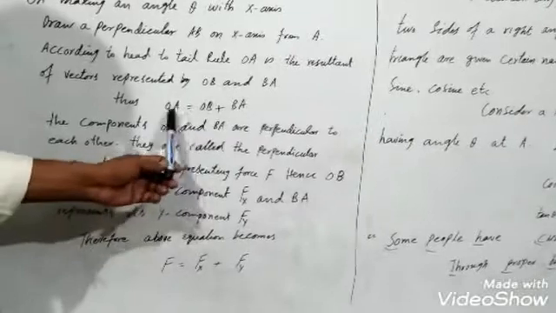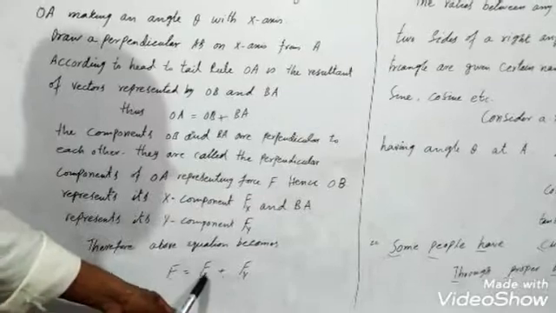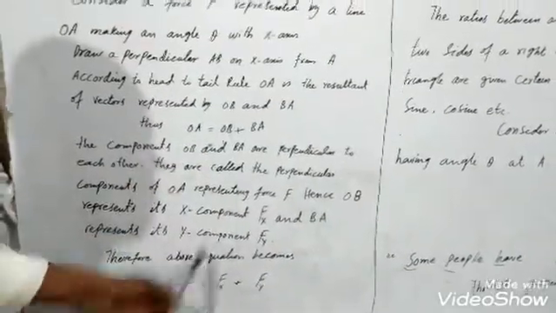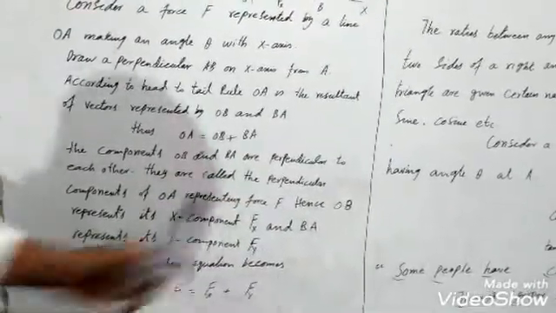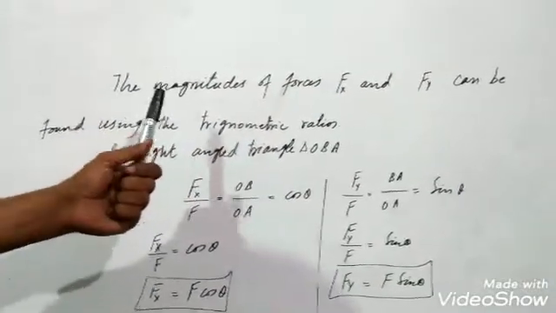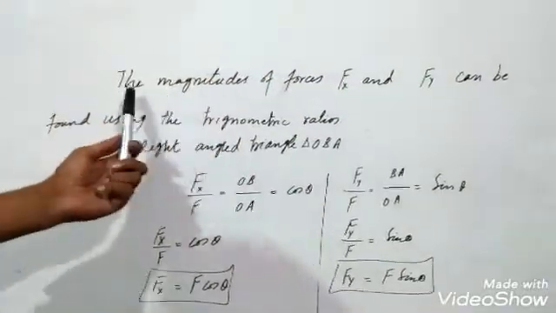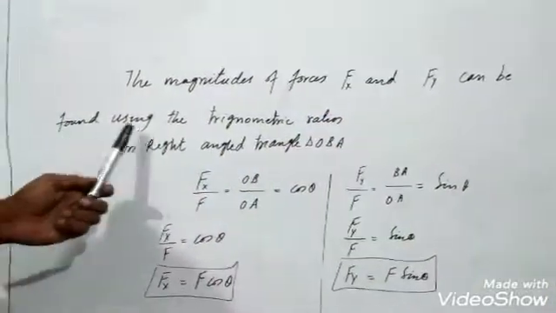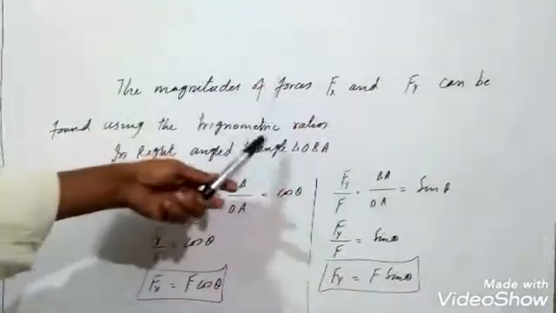Therefore, the above equation OA is equal to OB plus BA becomes F is equal to Fx plus Fy, because OA is represented by F, OB by Fx, and BA by Fy. In order to find the magnitude of the components Fx and Fy, we use the following method. The magnitudes of forces Fx and Fy can be found using the trigonometric ratios, as we discussed previously.